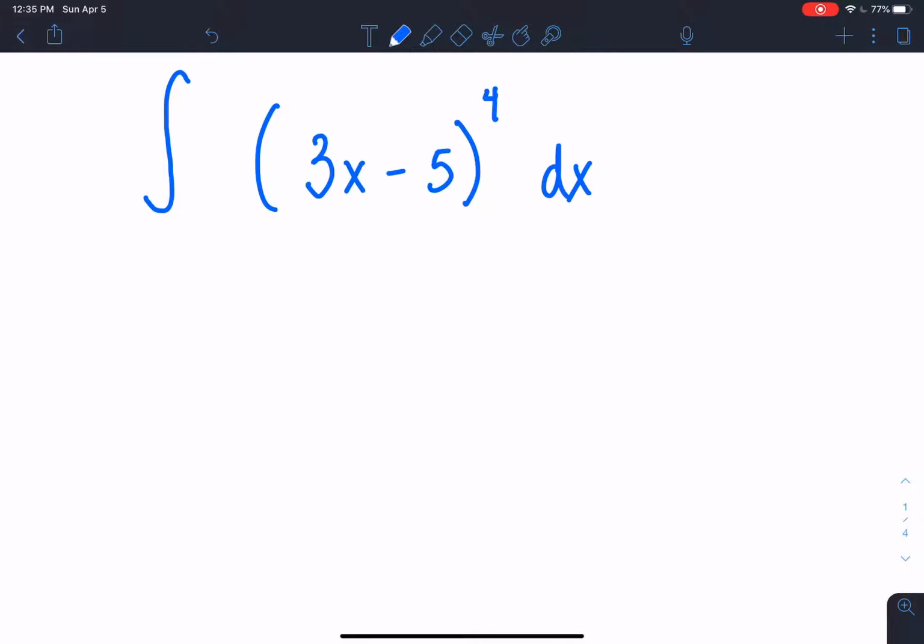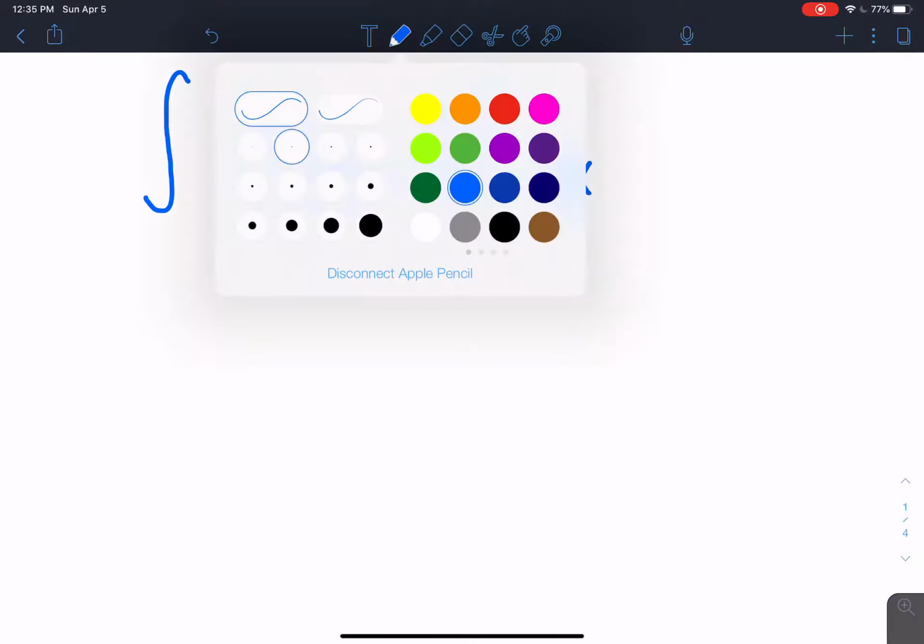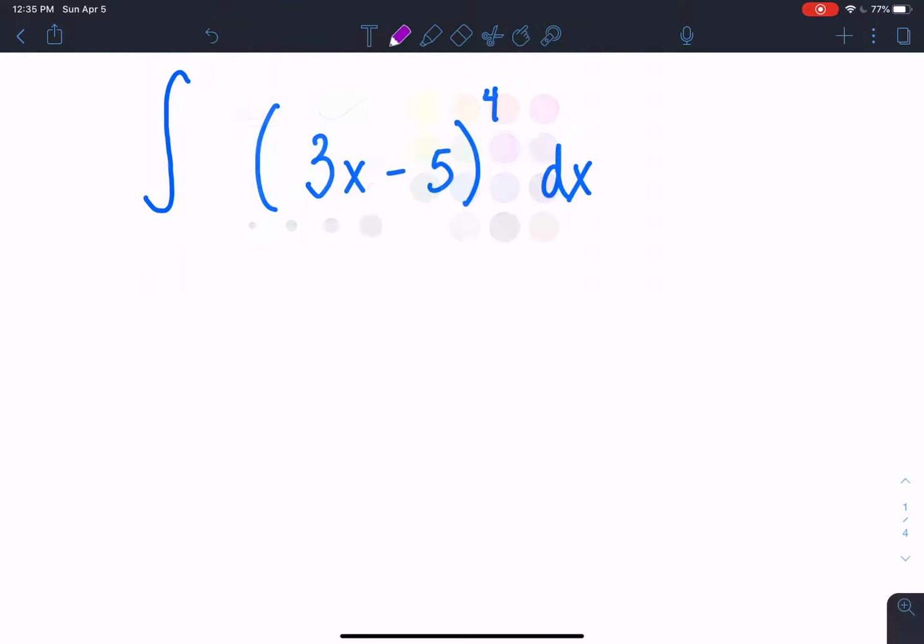And what you're going to be doing when you're looking for your u term is that u is going to be the most inside function that you have, built inside of your entire function. It's the most inside one.